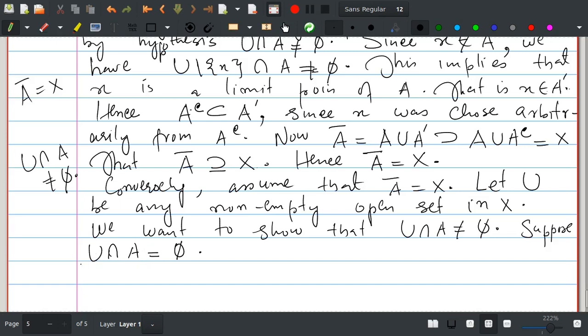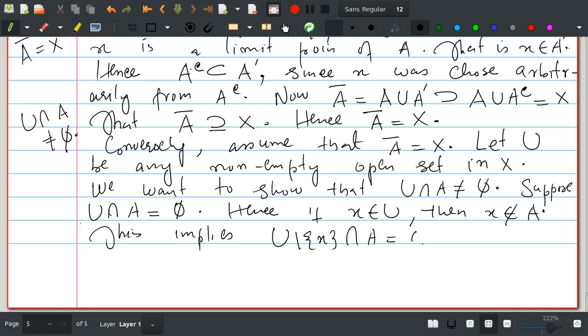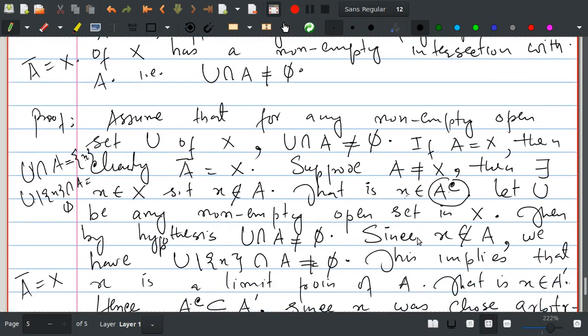So if x is an element of U, then x is not an element of A. So if x is in U, then x is not in A. This implies U minus x intersection A is empty, as we did here.